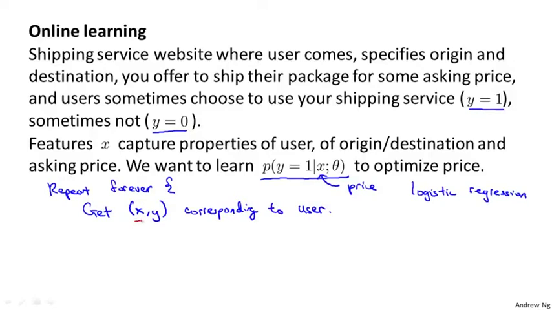So the features x are the origin and destination specified by this user and the price that we happen to offer to them this time around. And y is either 1 or 0 depending on whether or not they chose to use our shipping service.